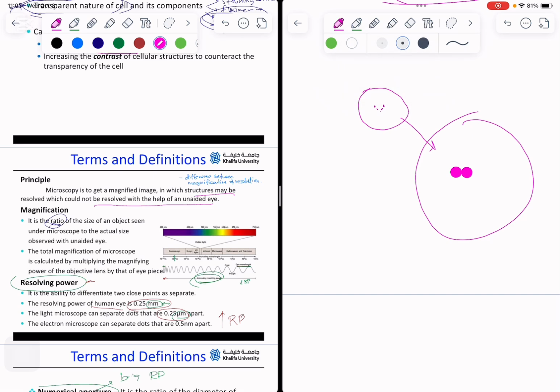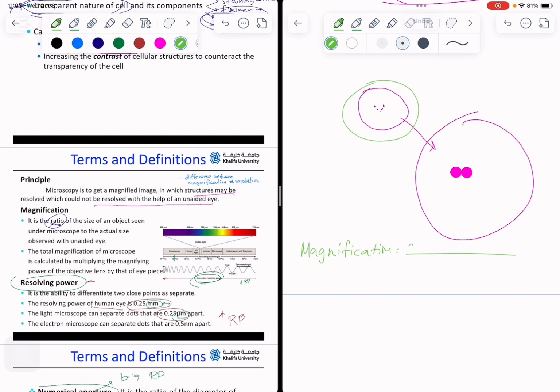So magnification is basically a ratio between two things: what we see normally and what is seen under the microscope.